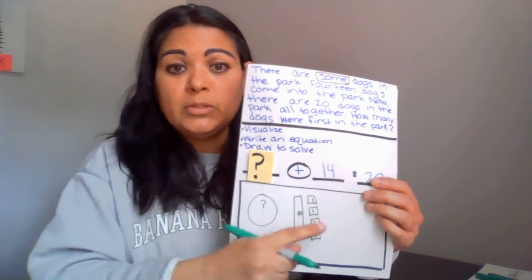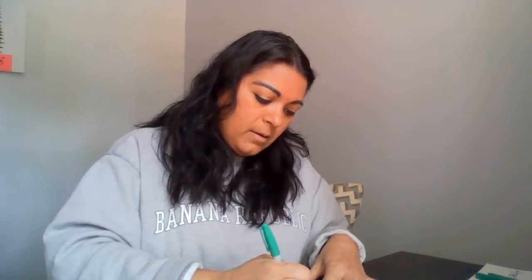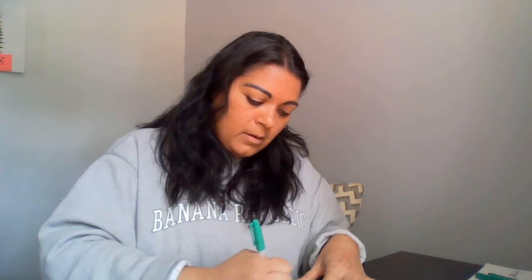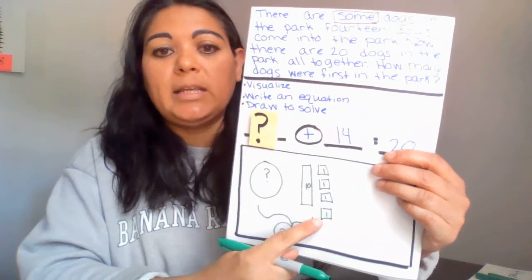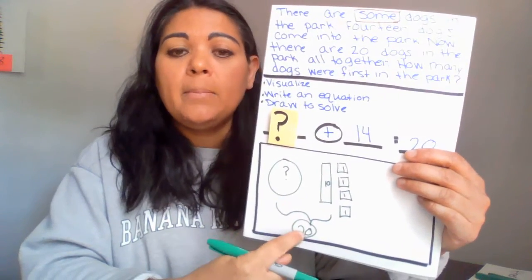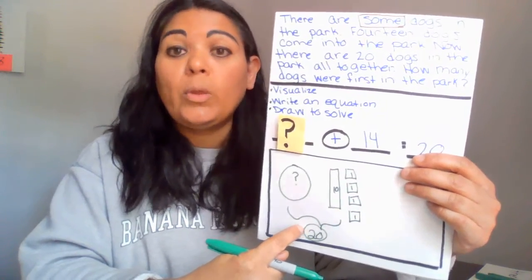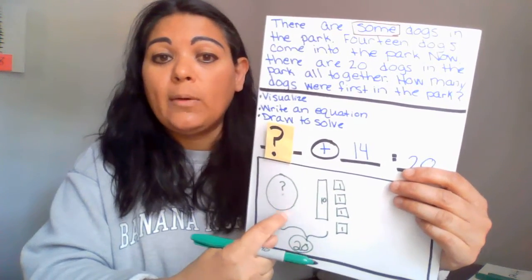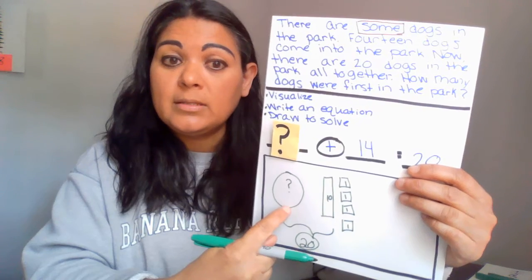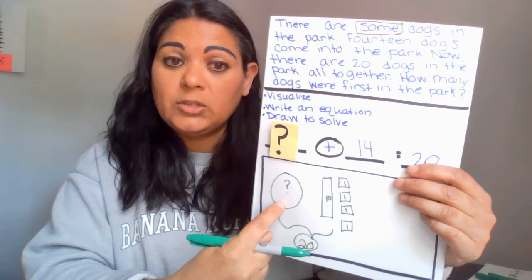So I know between these two groups, there's 20 altogether. So in my one group, there's 14. So I need to see how many more makes 20. This is where we can count up. We can use our strategies. And we can go ahead and just add units until we get to 20.